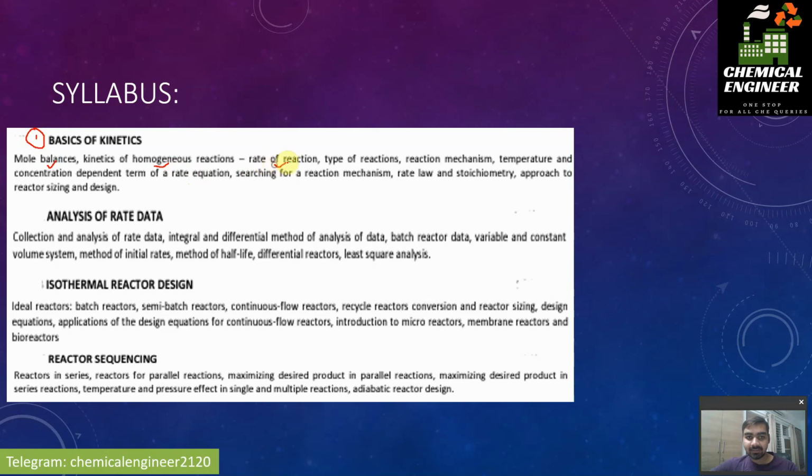In that we will see rate of reaction, type of reaction, reaction mechanisms, then temperature and concentration terms, rate equation, rate law, stoichiometry, and lastly we will discuss reactor sizing and design.